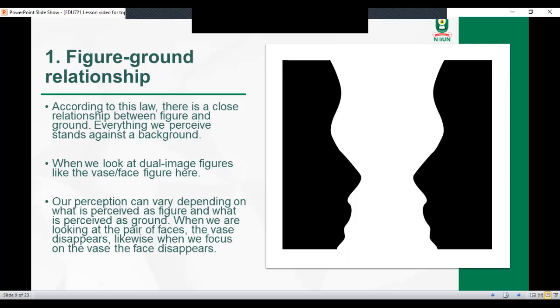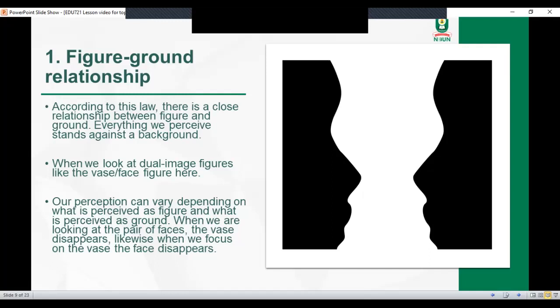That's why you can't see two objects at the same time. Once you're focusing on the pair of faces, the vase will disappear. Then, likewise, when you focus on the vase, the face disappears. Try it. The face disappears.